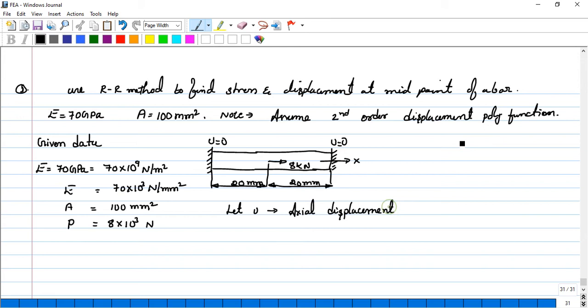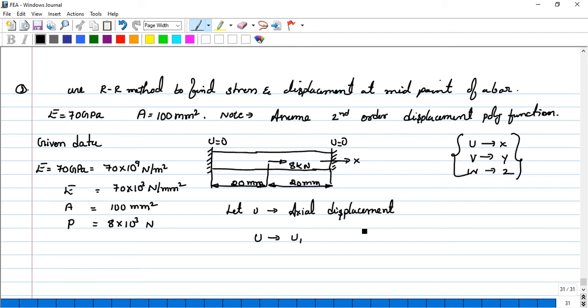We know that the alphabet u is displacement in the x direction, v is displacement in the y direction, w is displacement in the z direction. Please remember this. In the same way we are representing u as the axial displacement at any point of x from the fixed end, and at the midpoint we assume u as u1.